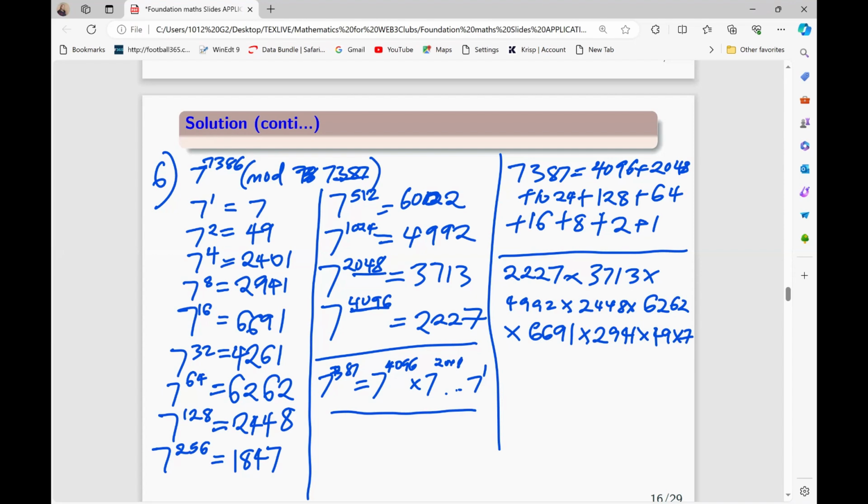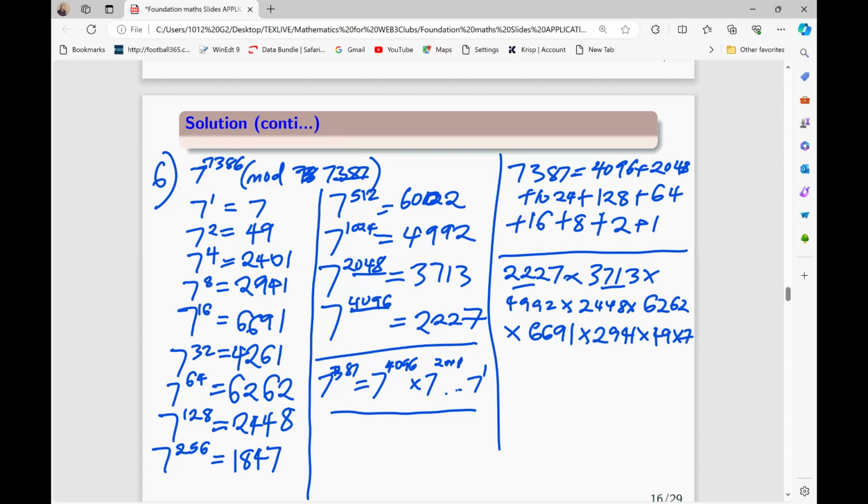So I think a good idea will be pairing them, then finding the mod of each, then going down step by step. So we try 2227 times 3713 mod 7387.